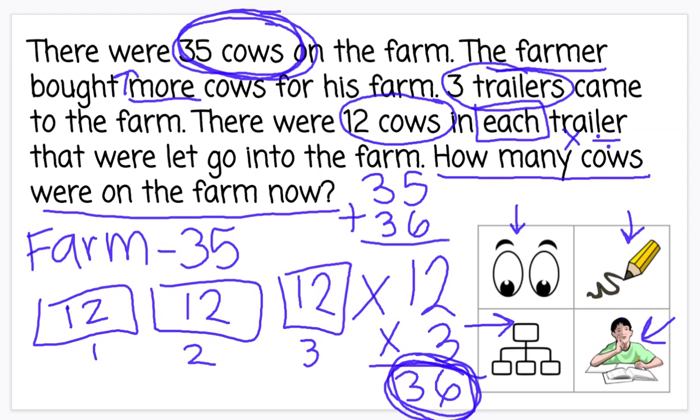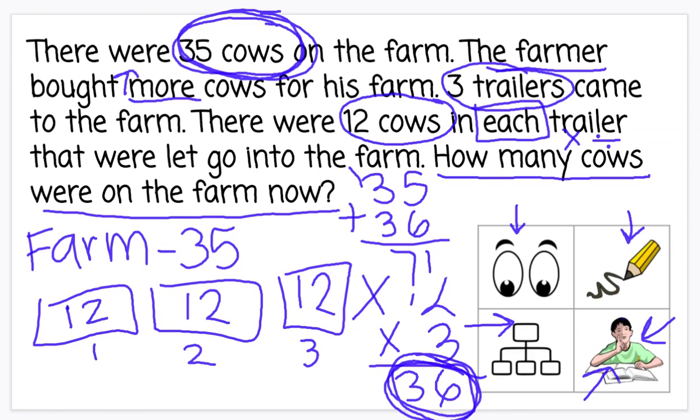So I have 35 cows originally and 36 cows brought to the farm. So let's add those two together. I have 5 plus 6 would be 11. Carry my 1. And then 1 plus 3 plus 3, 71. Okay, I'm going to go back to analyzing for reasonableness.